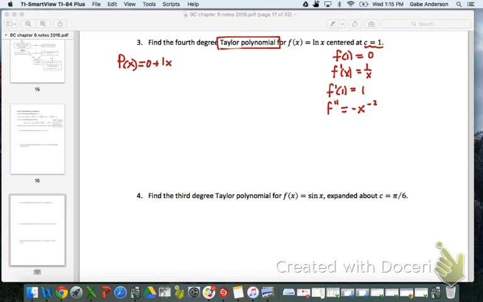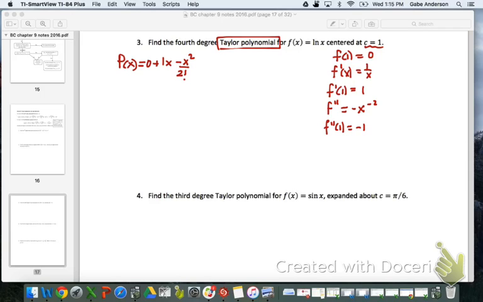Okay, so that of course means that f double prime of 1 is equal to negative 1. So that would be minus x squared over 2 factorial.